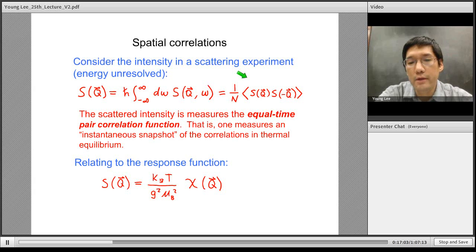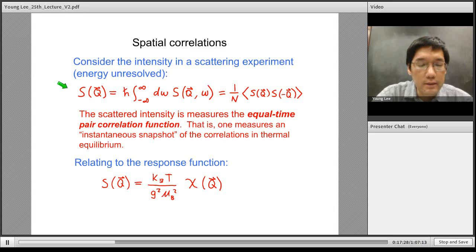Another way to think about this is that if you just take a snapshot of your system, it's some instantaneous picture of the correlations in your system when you're in some thermal equilibrium state. So this quantity S of Q is going to be of interest when we want to characterize the critical fluctuations.